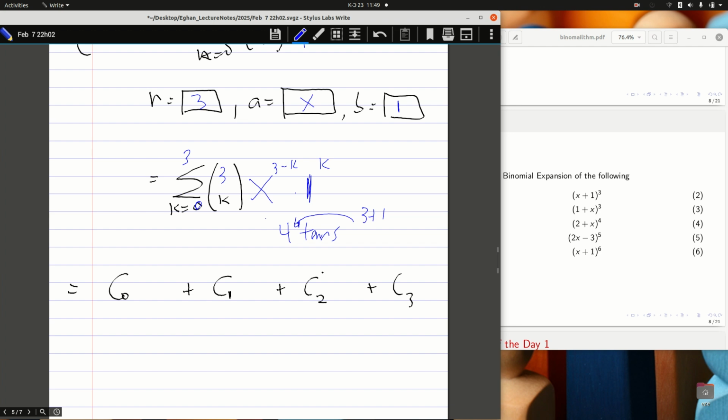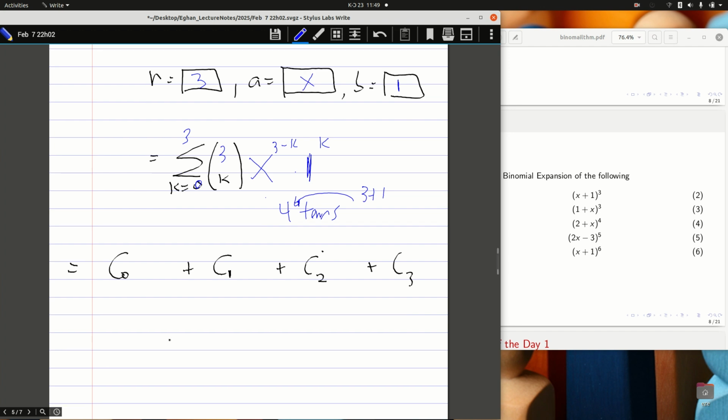If you want to be smart with it, you know that this is going to be 3 combination 0, x to the power 3, 1 will be to the power 0, because the index must add up to n, plus 3 combination 1, x to the power 2, 1 to the power 1, plus 3 combination 2, x to the power 1, 1 to the power 2. You realize that the k moves with the k here. Whenever you choose a value, k moves with the second one, k.